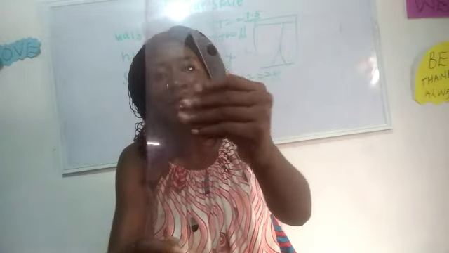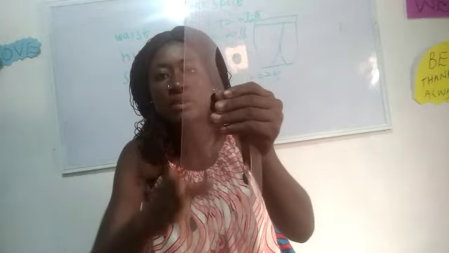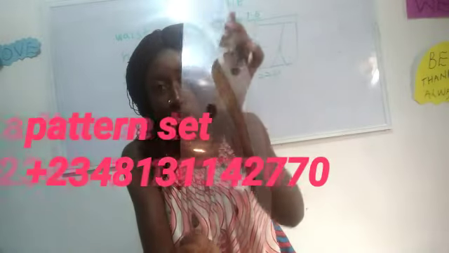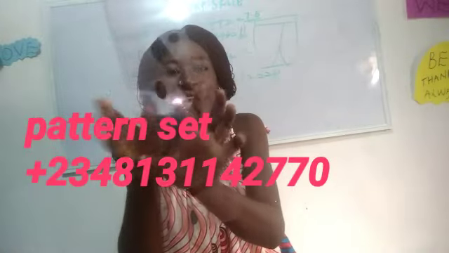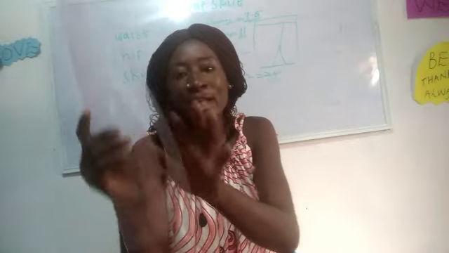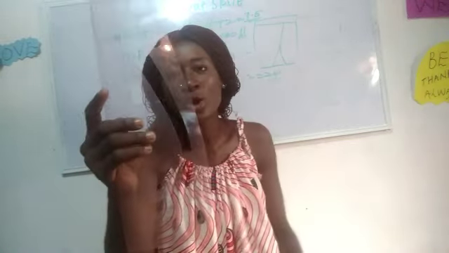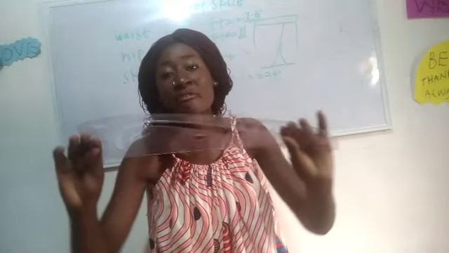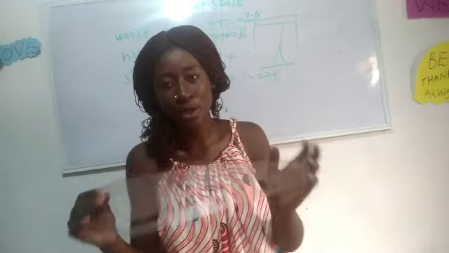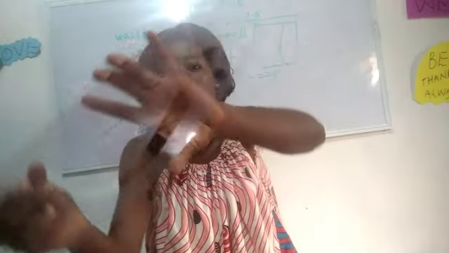And another thing is you can also make use of this point as a straight ruler to connect your lines together. Now aside from that, you can also make use of this point to connect your waist and your hip region together. So every pattern drafter should have this complete set. Okay, so this is what you are making use of the pattern master for.